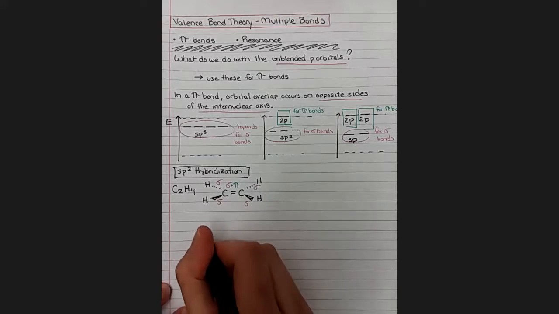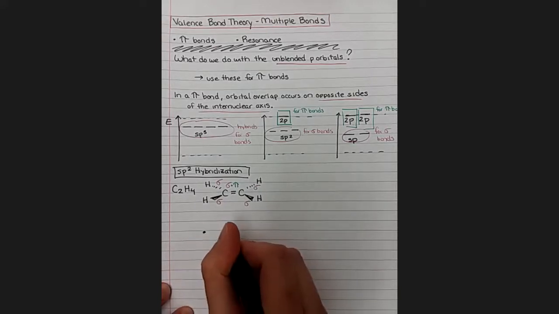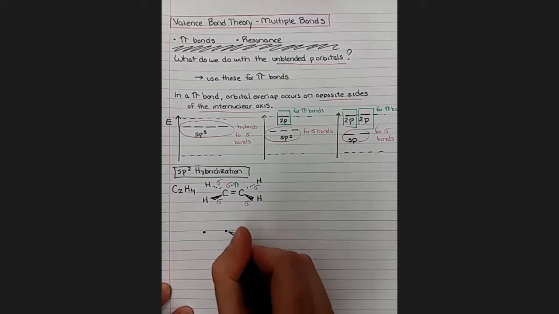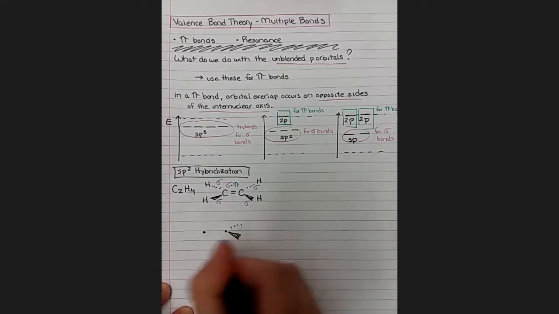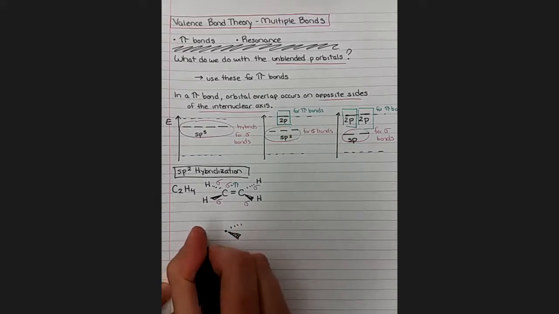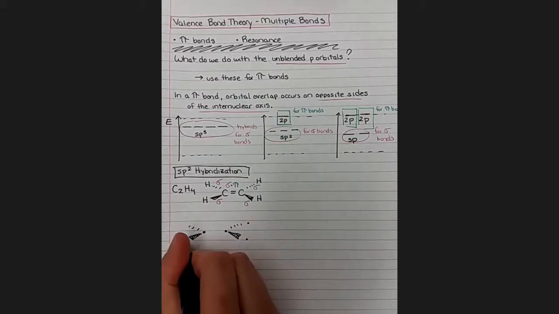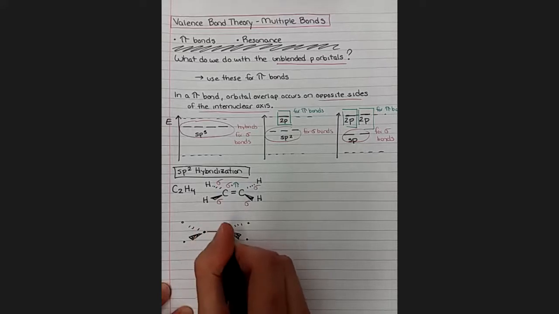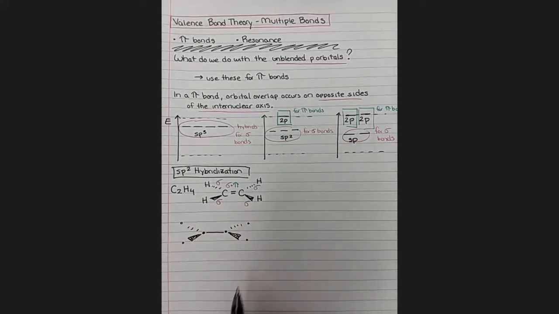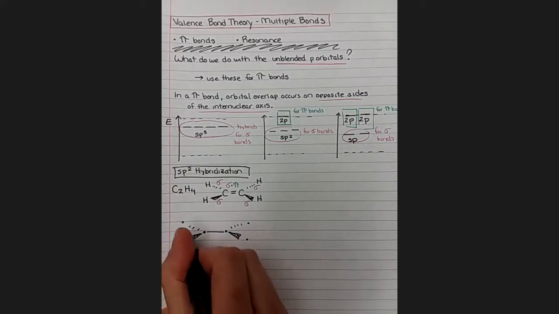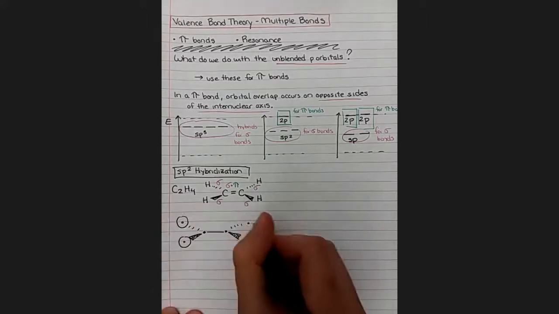We'll just go ahead and start by drawing the sigma overlap, just as a review. And we're going to use dots in place of the atoms. So for sigma bonding, we'll do the hydrogens first. Each of the hydrogens only has one orbital to use.